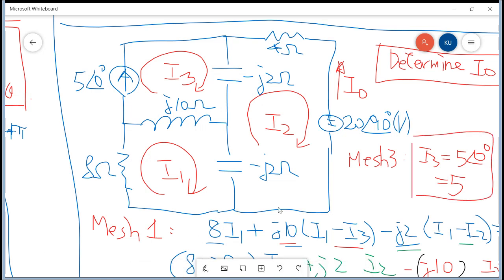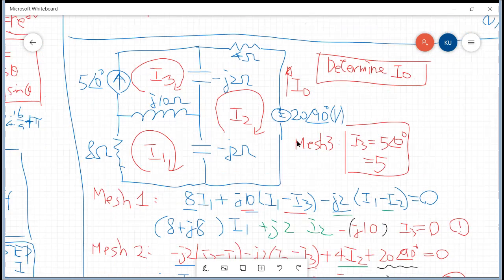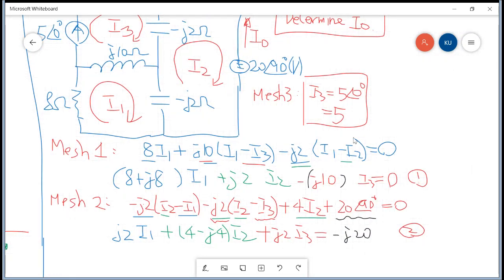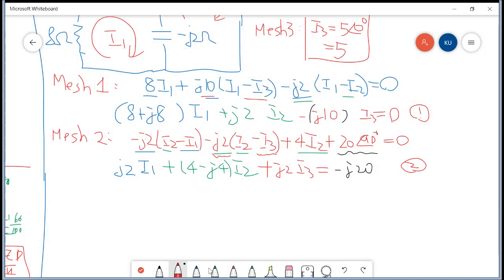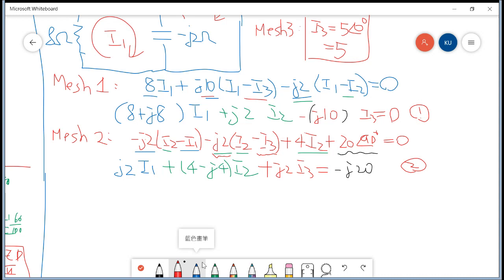So finally, you can just substitute I3 to be 5 here and here. Then you can come up with two equations with two unknowns. Then actually you can further simplify it.